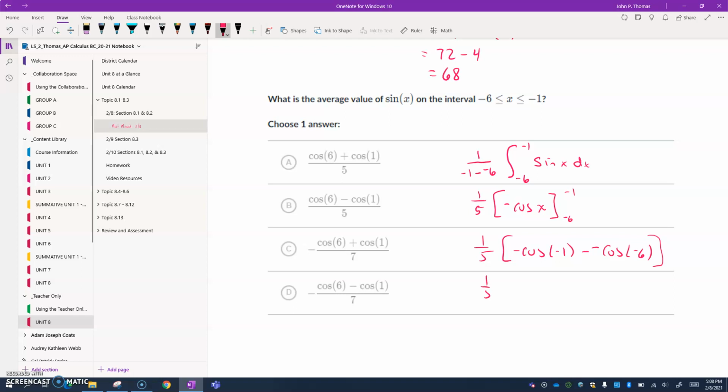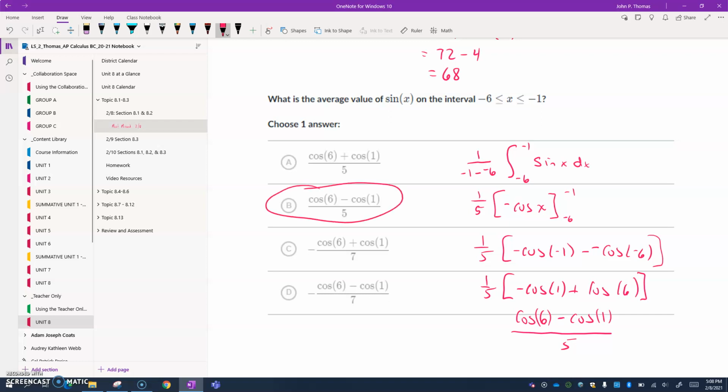So I have 1/5 times negative cosine of 1, which is equivalent to cosine of -1, plus cosine of 6, which is equivalent to cosine of -6 because of the symmetry that we have. That means that I've got cosine of 6 minus cosine of 1 all over 5. All right, and cosine of 6 minus cosine of 1 all over 5, that is choice B.